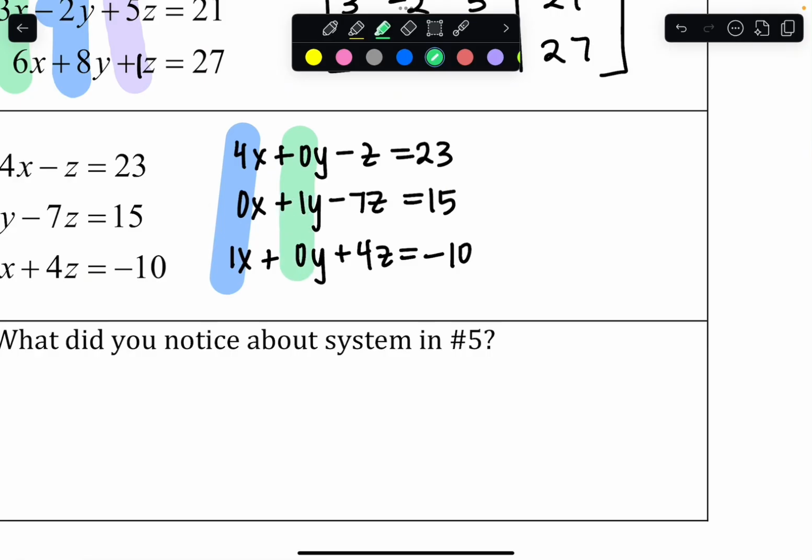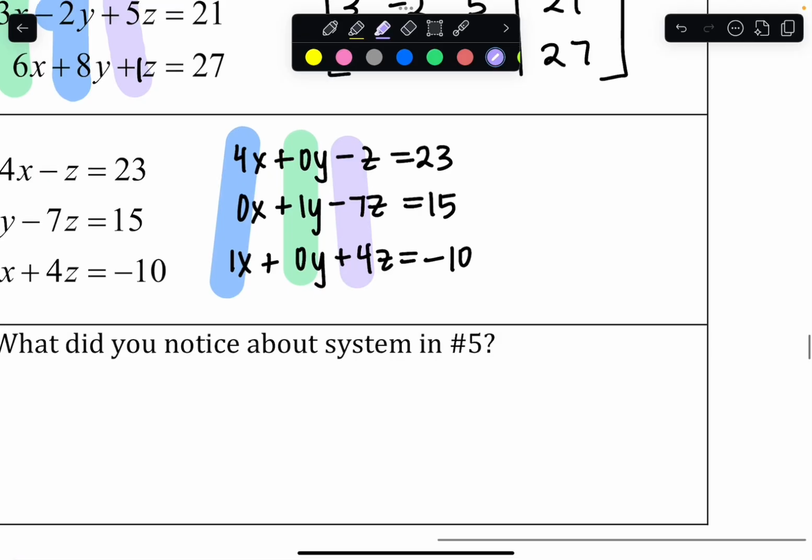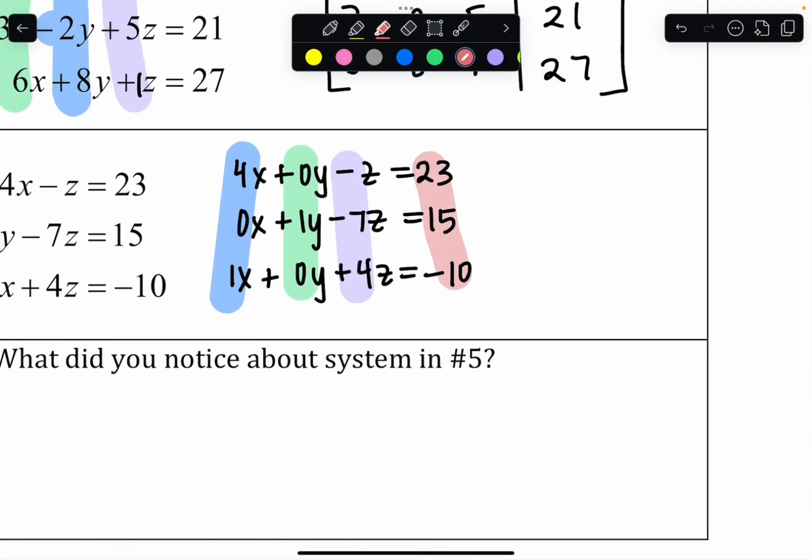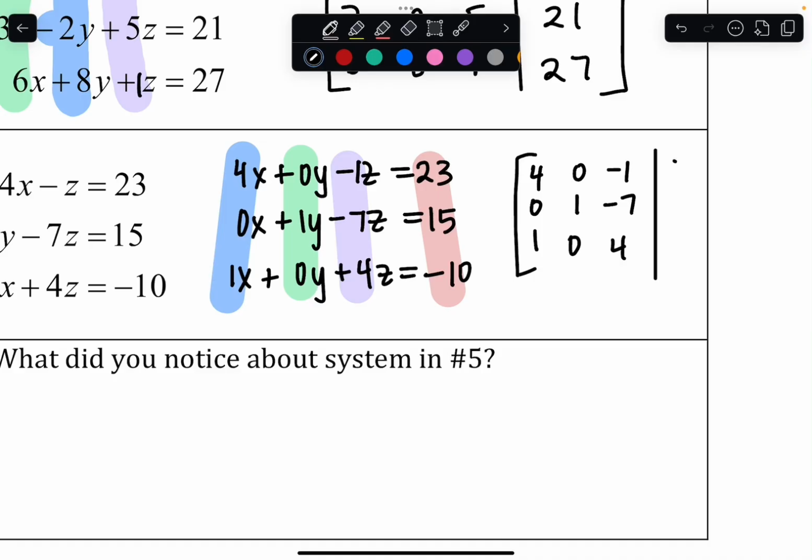For my y's, I have 0, 1, 0. For my z's, I have -2, -7, and 4. And then for the constants, I have 23, 15, and -10. Almost wrote the z -1. No variables, no commas.